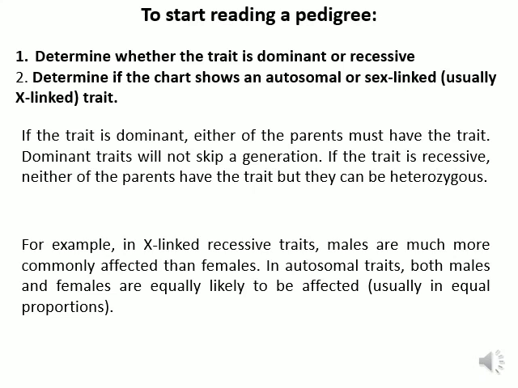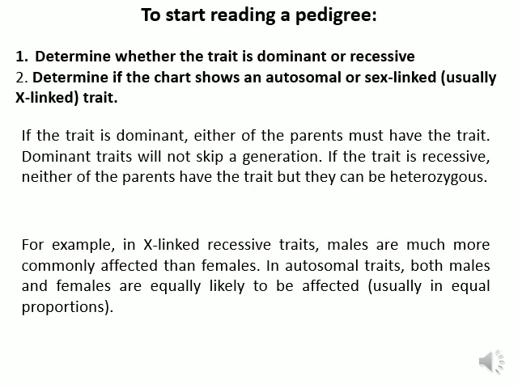Now, if the trait is recessive, then neither of the parents will have the trait. If the genetic disorder is due to a recessive gene, both parents will be normal, heterozygous, with no disorder, and there is a skip of generation. One of the generations has no disorder.